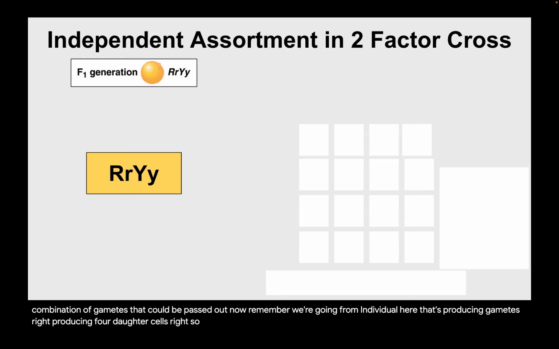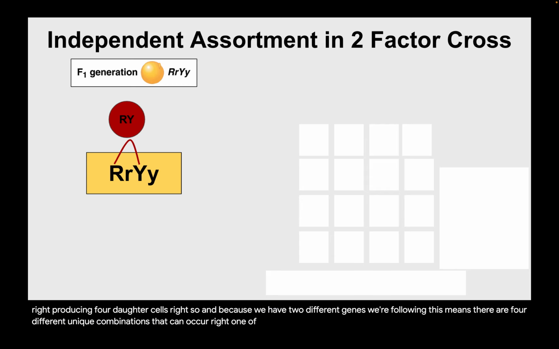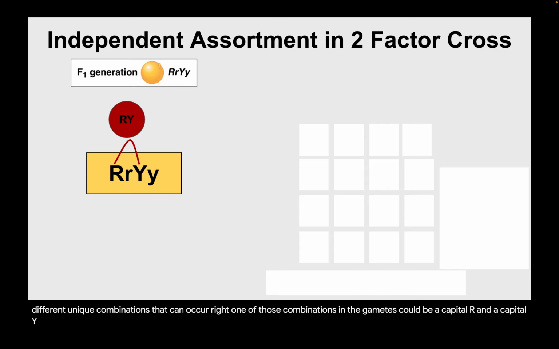Because we have 2 different genes we're following, this means there are 4 different unique combinations that can occur, right? One of those combinations in the gametes could be a capital R and a capital Y. We have to keep one allele from each of the genes that is going to be passed down. We're not just going to pass down the R's. We're not just going to pass down the Y's.